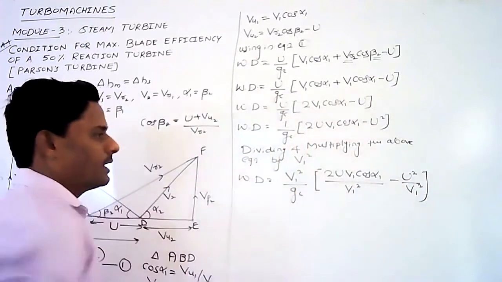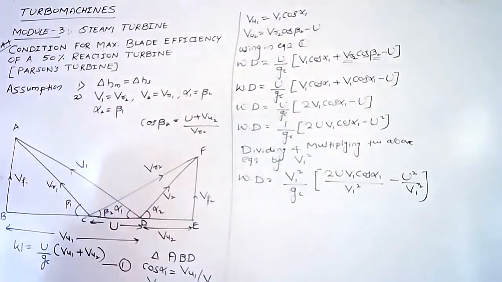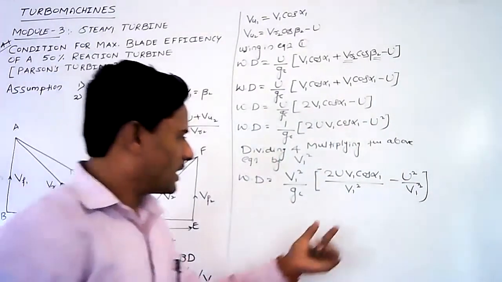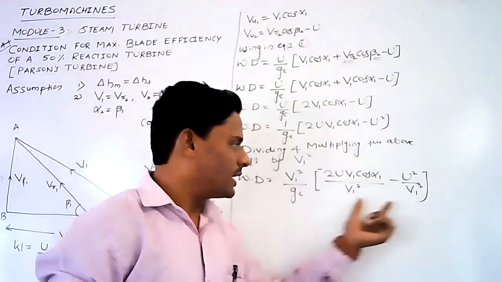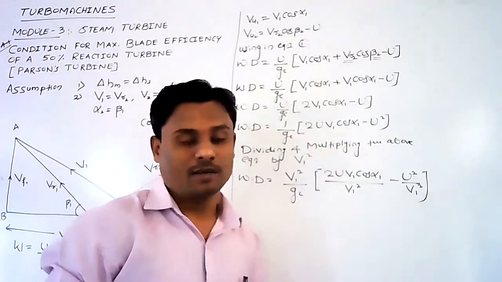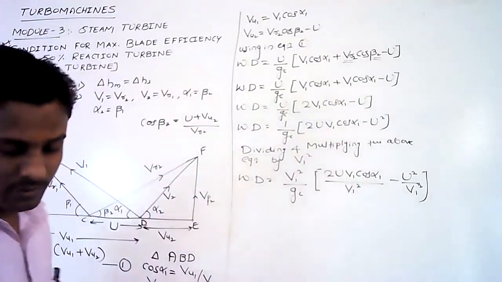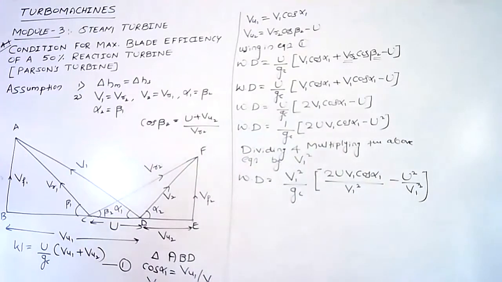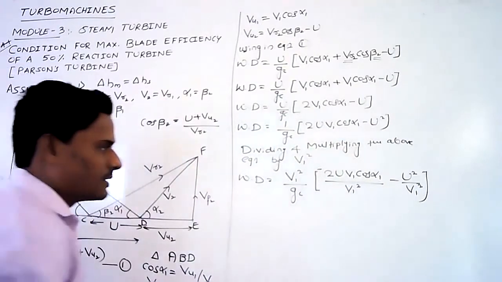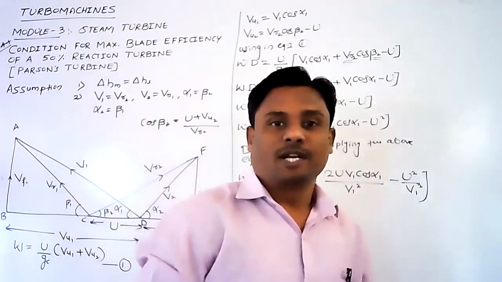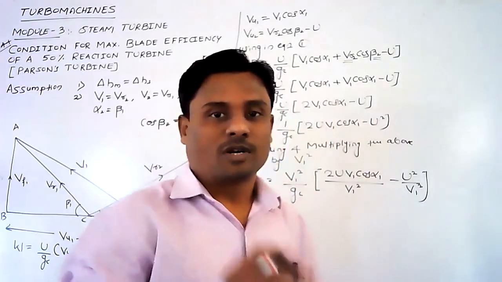As we are taking it inside the bracket, I have divided V1 square separately into each term. Now from the fundamentals, we know that the speed ratio U by V1 is nothing but phi.